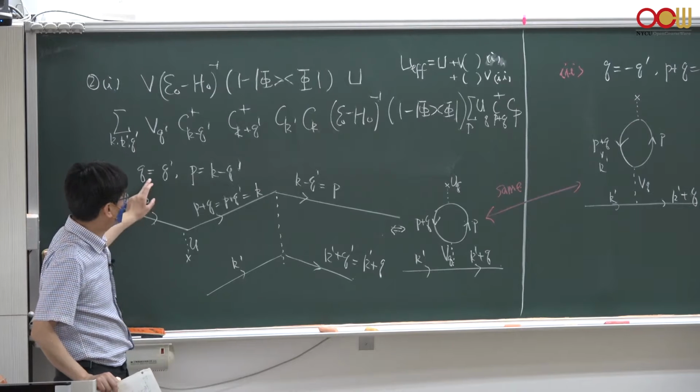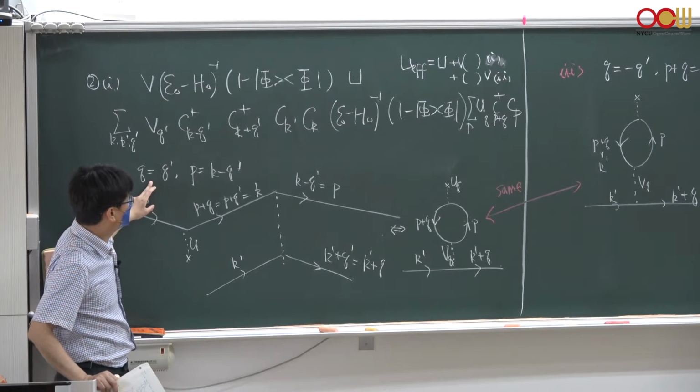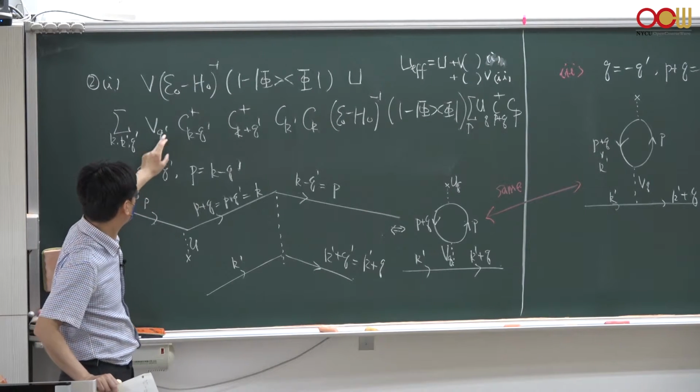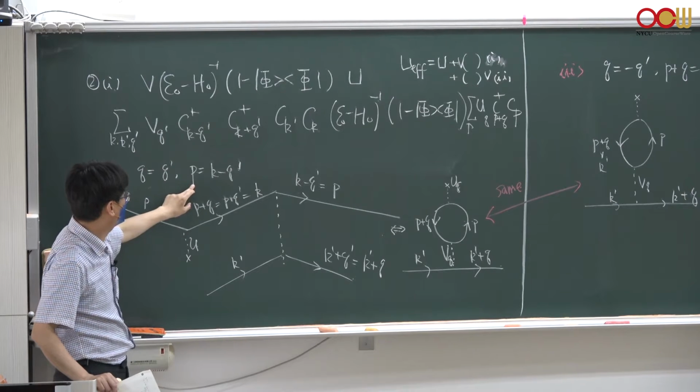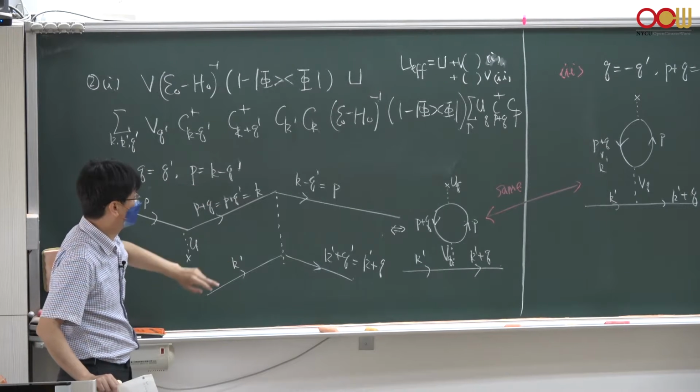The first possibility is that Q is the same as Q prime, and P is given by K minus Q prime.